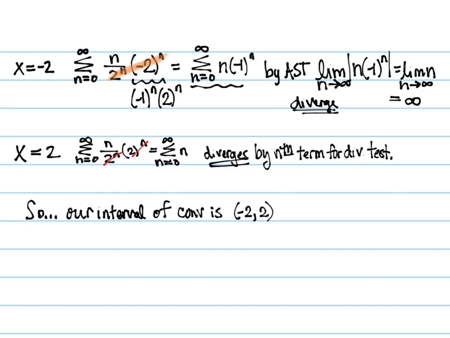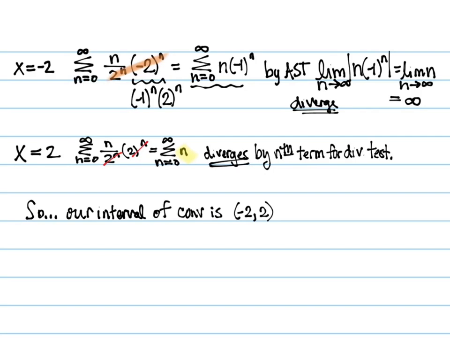Let's just say for fun, if this instead had ended up being 1 over n at this point, then the 1 over n series diverges because it's harmonic.